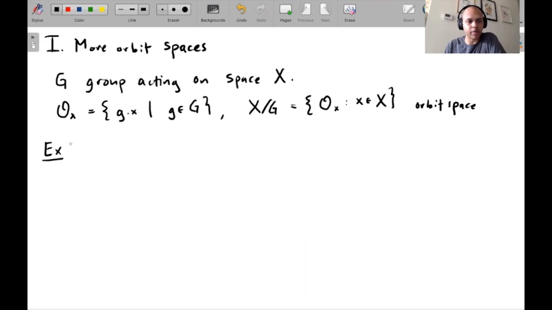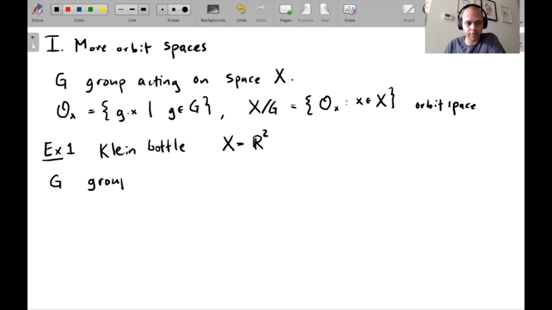So the first example, I want to describe how you can think of the Klein bottle as an orbit space. So here we're going to take X to be the plane, and G is going to be a certain subgroup of isometries of the plane.